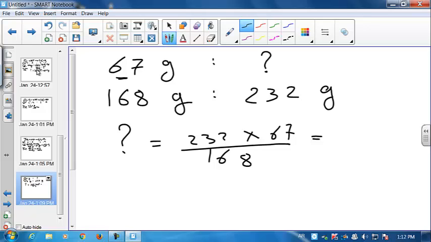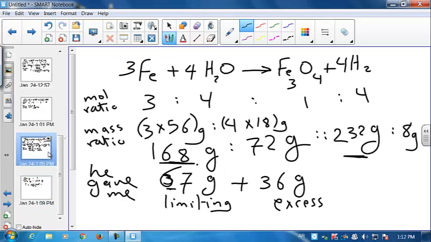No, it's 90 something. Again, back to the previous one. I want to make sure of this. 64 plus 168. Yeah, so 232, we are right here.